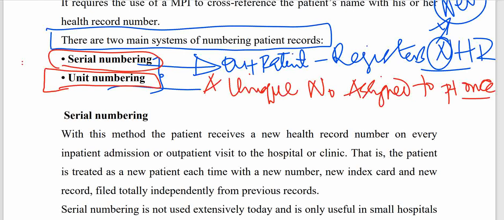Therefore, if you are a new patient, we are going to assign you a unique number, and that number we are going to keep, and we shall be using it every time you come back to the facility.